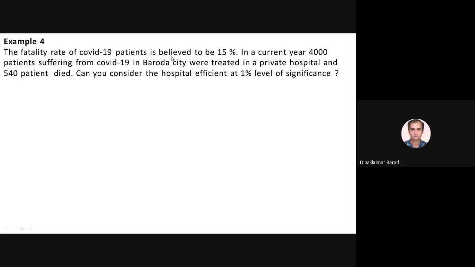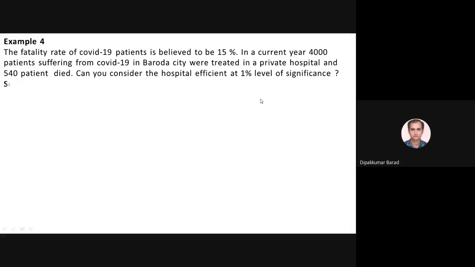Okay, and overall in the population, out of 100, 15 die. So we have a sample given, n equal to 4,000, and out of 4,000, 540 patients died in a private hospital in Baroda city. Now, can you consider the hospital efficient at 1% level of significance?